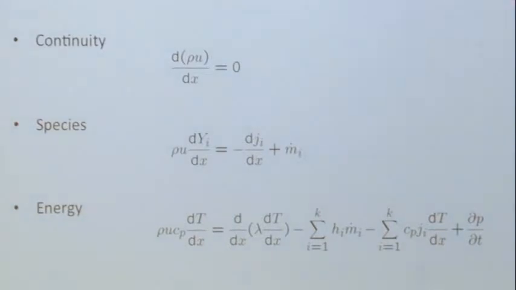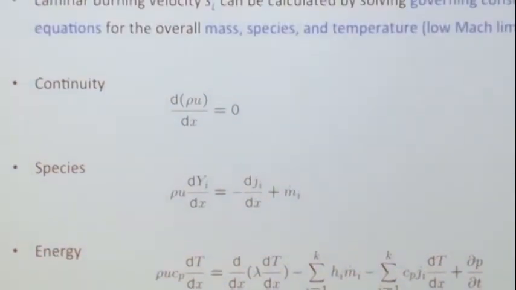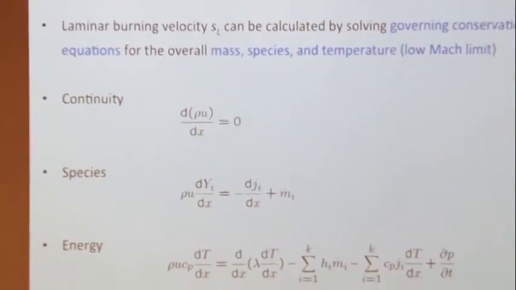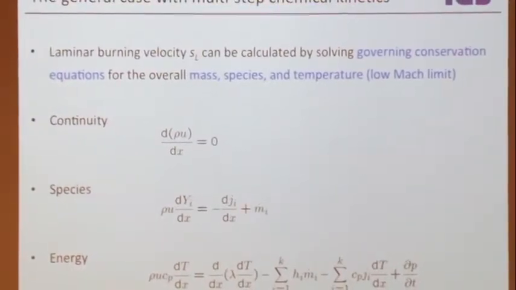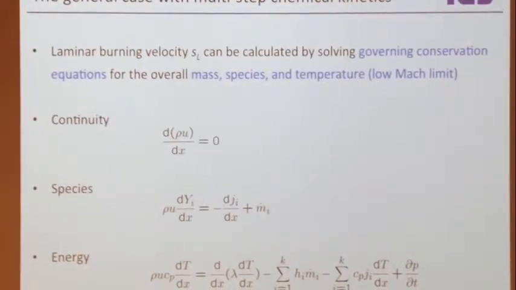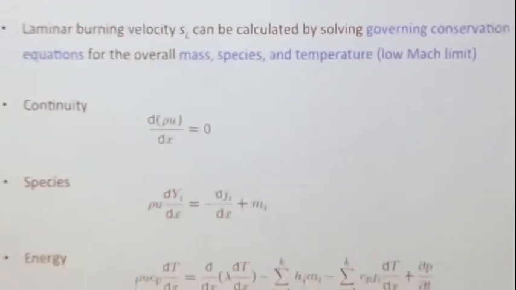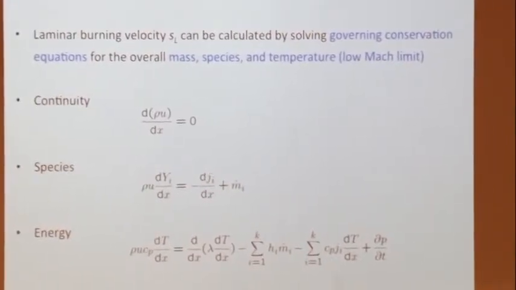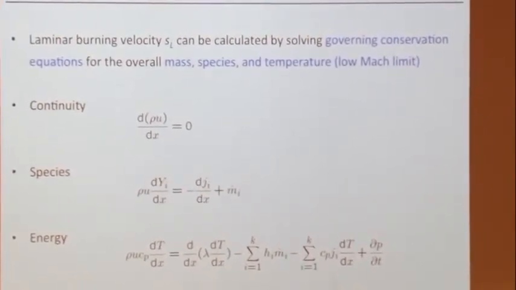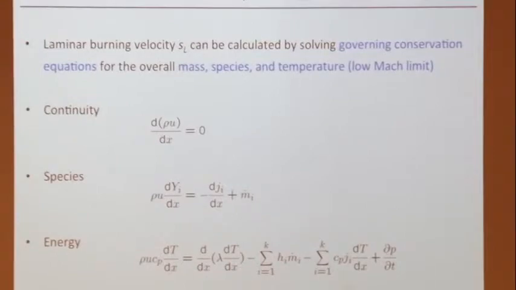Okay, and pressure term here. So this is the low Mach number limit. This approximation comes from an asymptotic expansion for low Mach number. And it turns out, if you do that, then essentially all the acoustic pressure waves disappear from the problem.